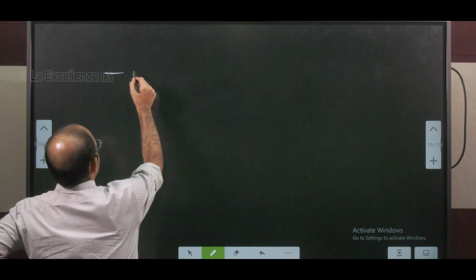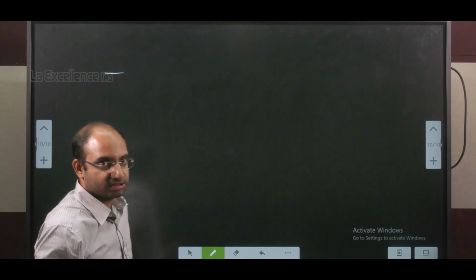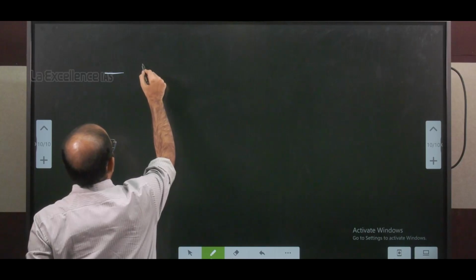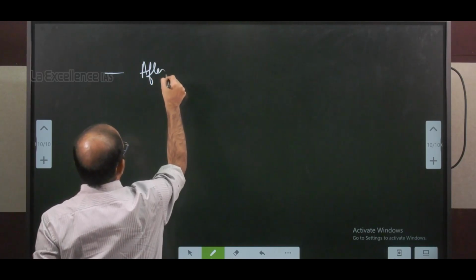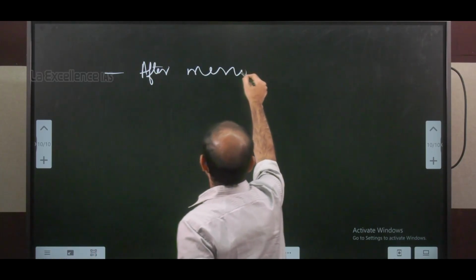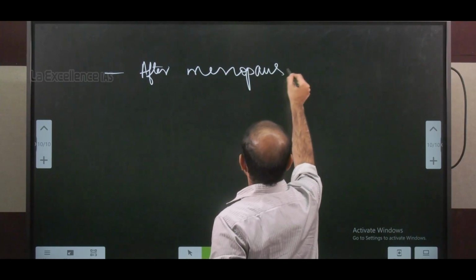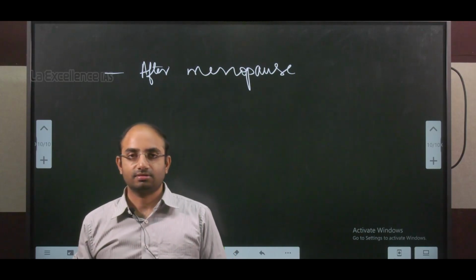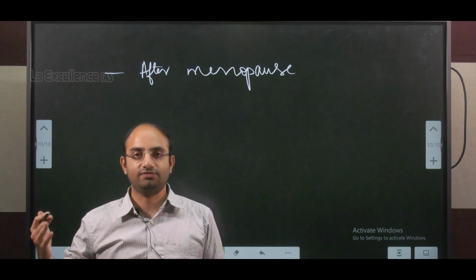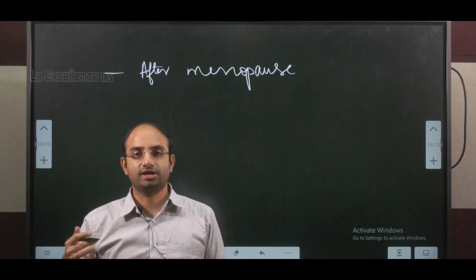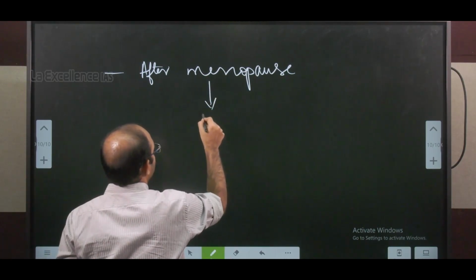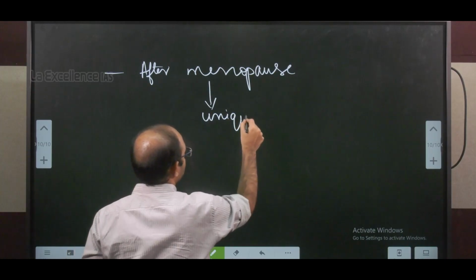The human female is interesting in the sense that there is a long life after menopause. If you look at other species like apes and chimpanzees, the females do not have much life after they lose their reproductive capacity, or put differently, this event called menopause can be said to be unique to humans.